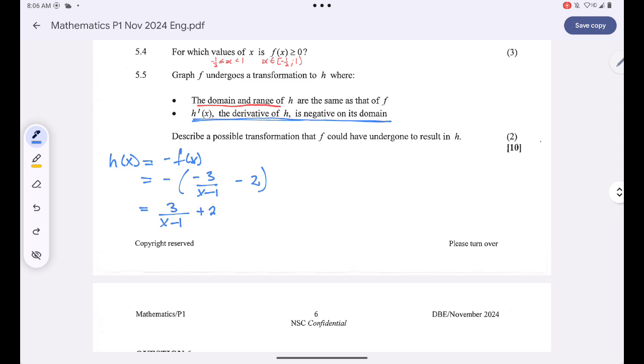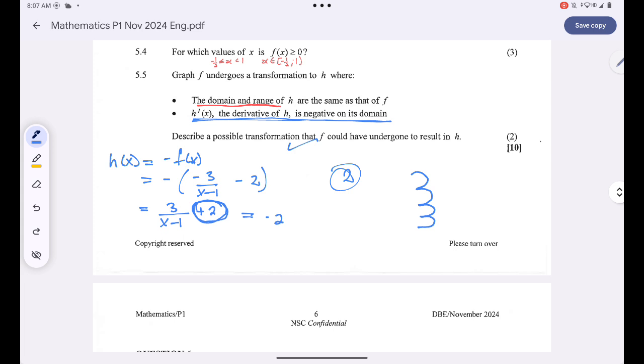So if you want to go with the one of reflecting on the x-axis, yes, reflecting on the x-axis is correct. And then secondly, guys, you must translate your graph 4 units down. For this y value to be equal to negative 2, it must be translated 4 units down. It must move from 2, 1, 0, negative 1, and negative 2. That's basically 4 units down.